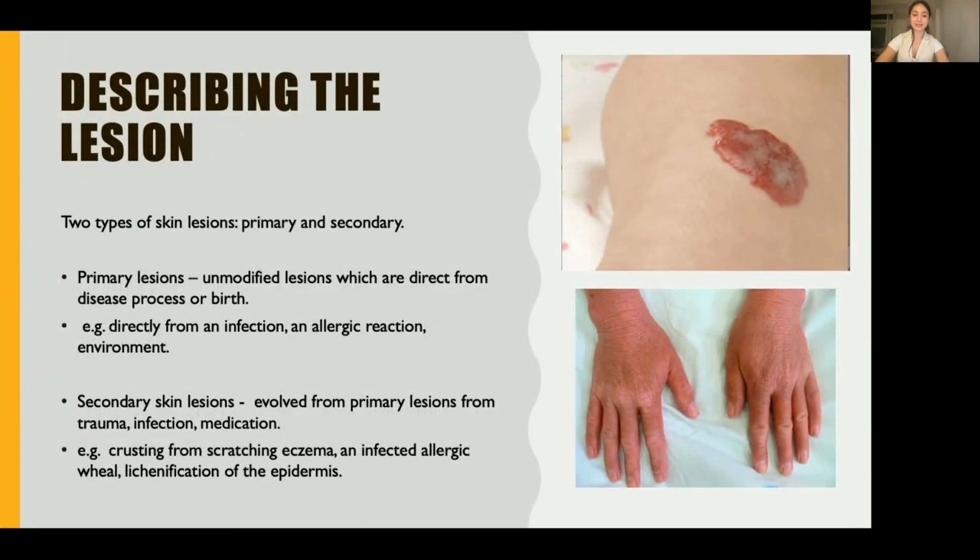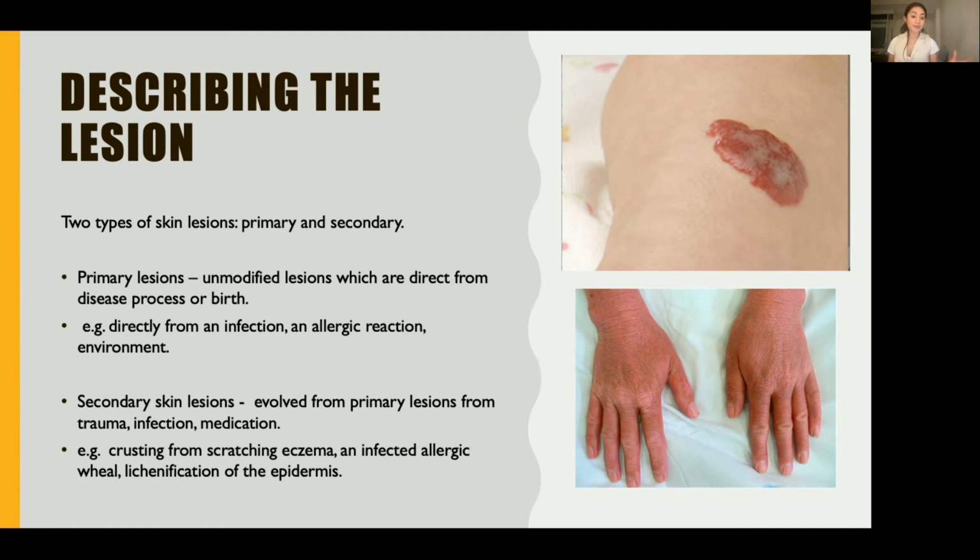Okay, describing the lesion. So primary lesions are any unmodified lesions direct from a disease process or birth. So I've got 2 examples here. We've got strawberry hemangiomas at the top, which people are born with. And then secondary skin lesions are lesions which have evolved from that primary lesion. So this can be from trauma, infection, or medication which you're taking for that primary skin lesion.